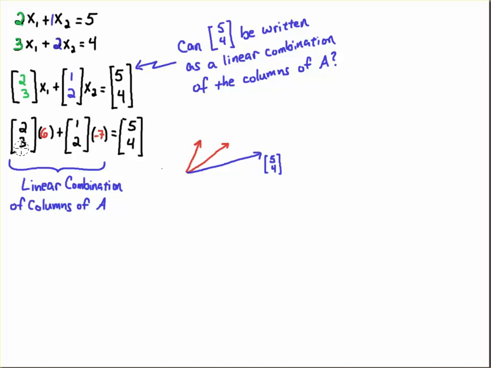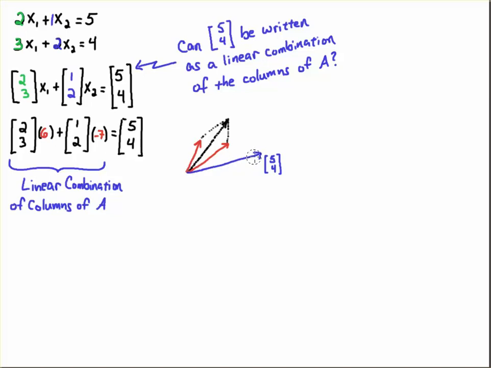So imagine that the vector 2, 3 and the vector 1, 2, they're the two red vectors here. And here we have the vector 5, 4. Now remember from the parallelogram law, if I were to add these two vectors, 2, 3, and 1, 2, I would just get this diagonal of this parallelogram. But that's not going to get me to this vector here.